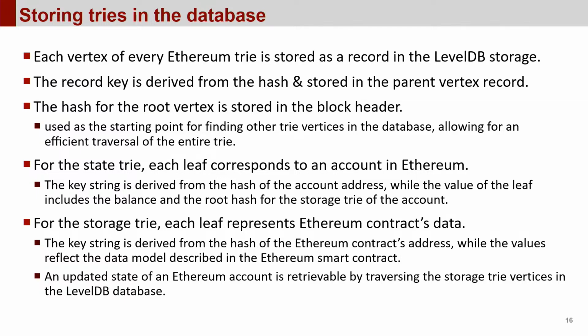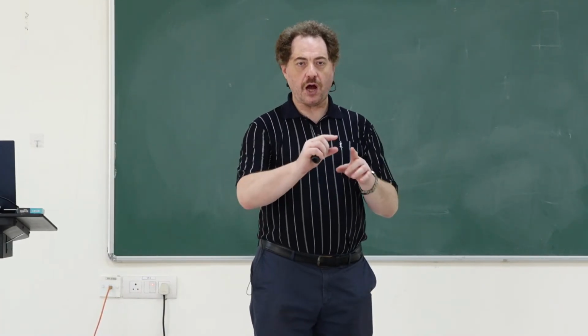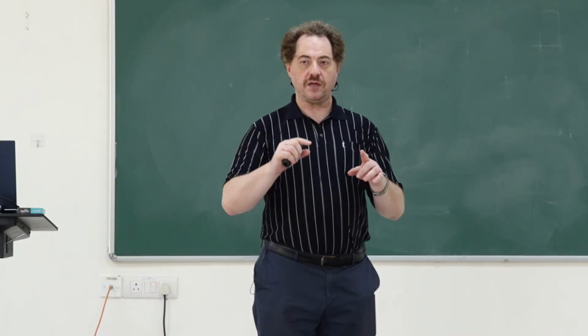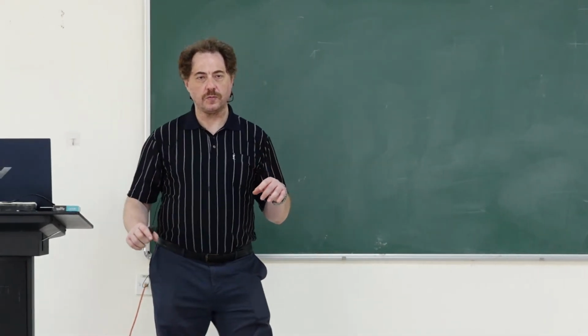So why do we need two trees and two levels? Because the first level is different accounts, and the second level is how we represent the data, the state of one particular account.